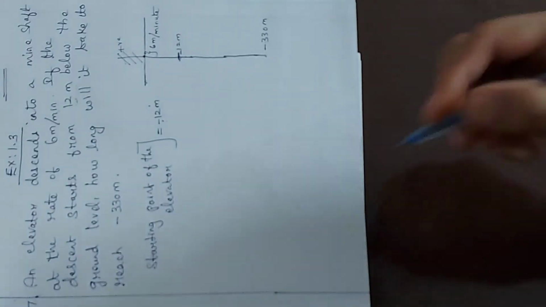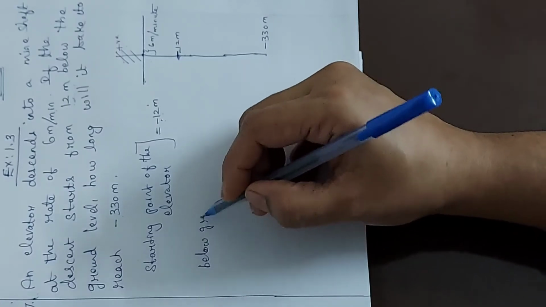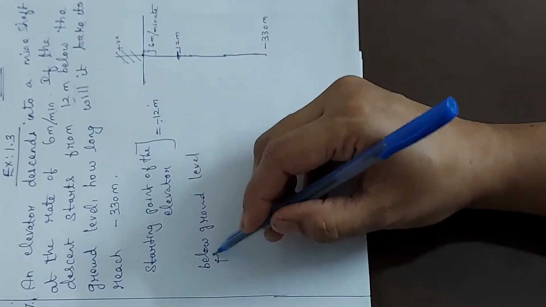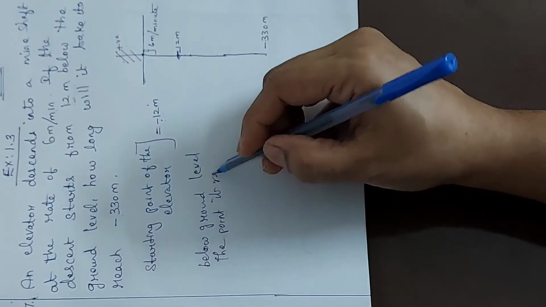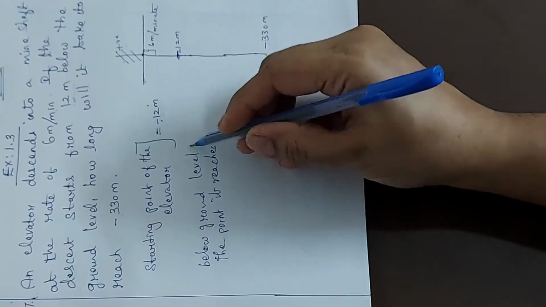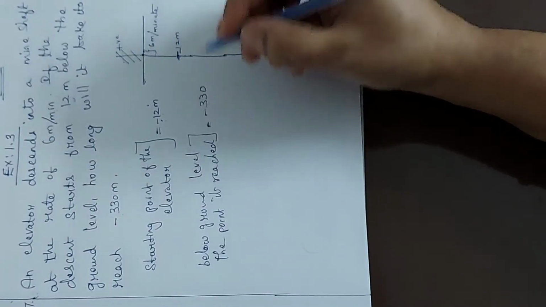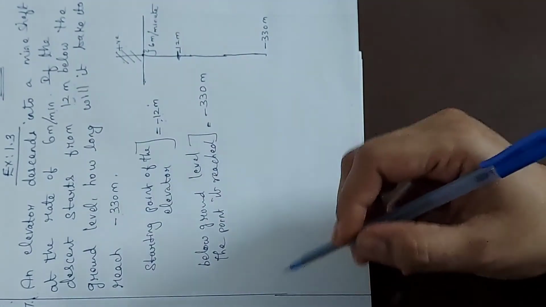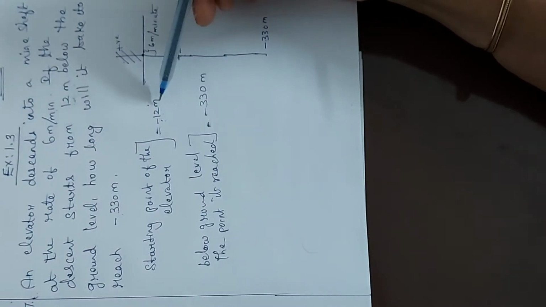And the reaching point is below the ground level. The point the elevator reached is equal to what? Again mention it in negative sign, minus 330 meters. Okay children, next, we have to cover the distance, no?